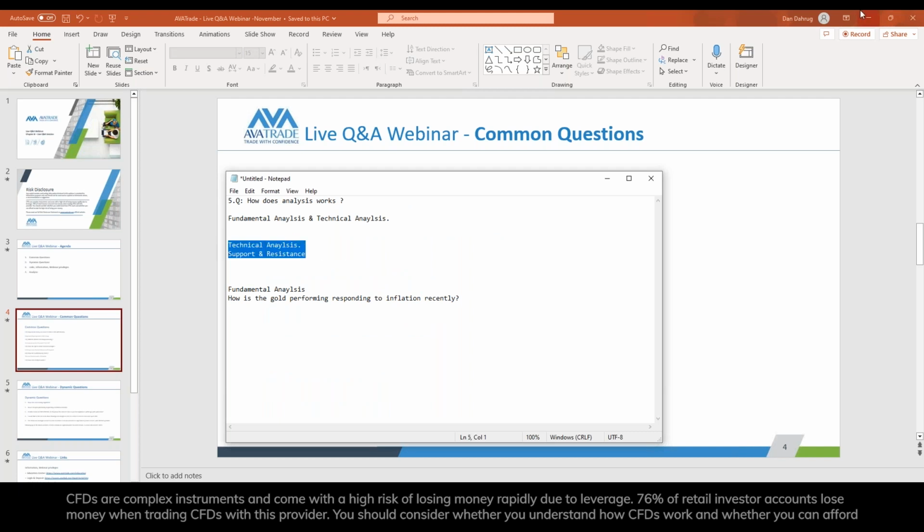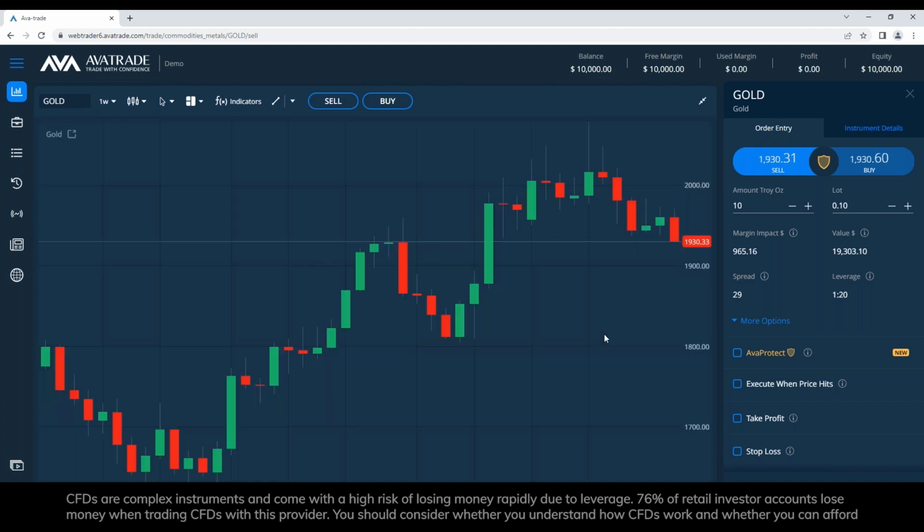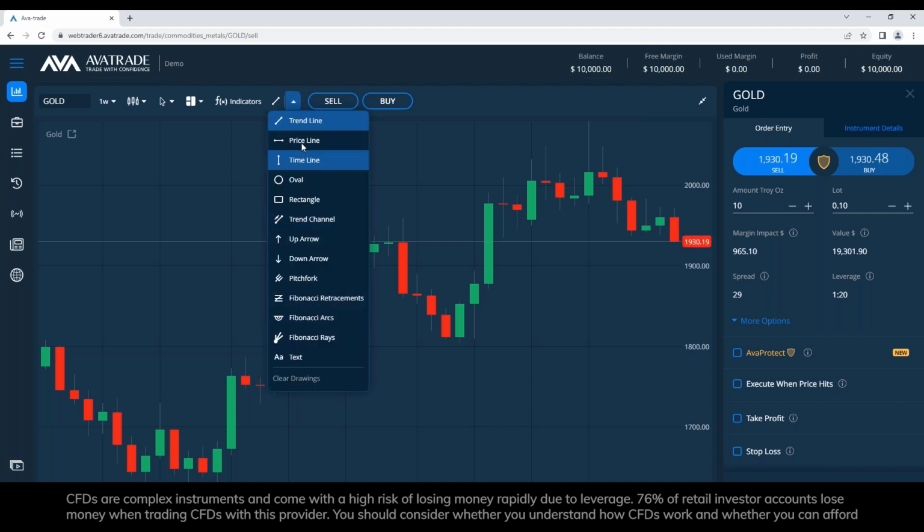So in technical analysis, that means that gold is heading down. Who can tell me when was the last time that it's been this low? All I have to do, watch very carefully, guys, this is a powerful tool. I'm going to click on the tiny arrow to the right, and it's going to follow the list. In this list, I have two kinds of lines that I can place on the chart.